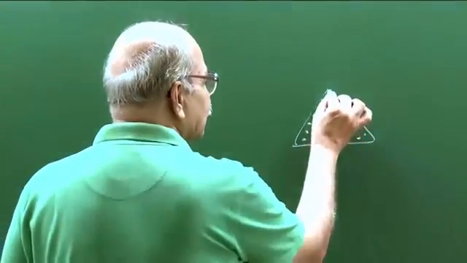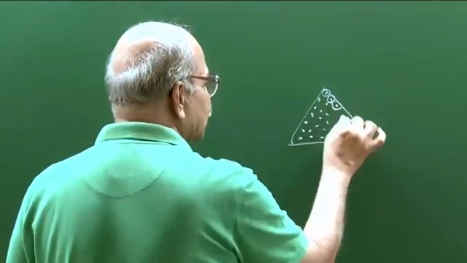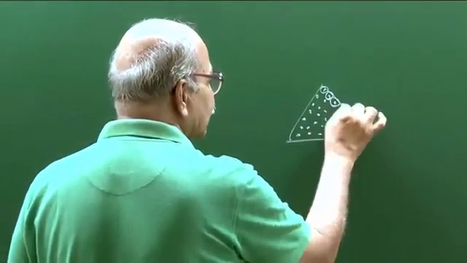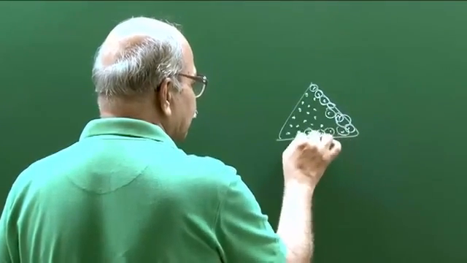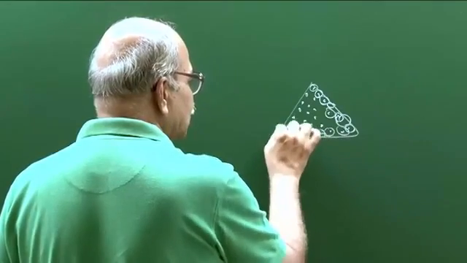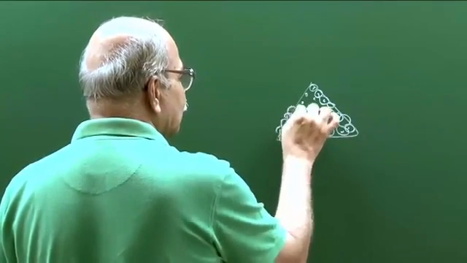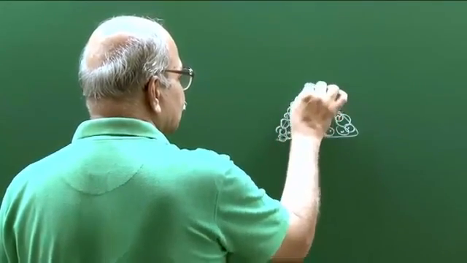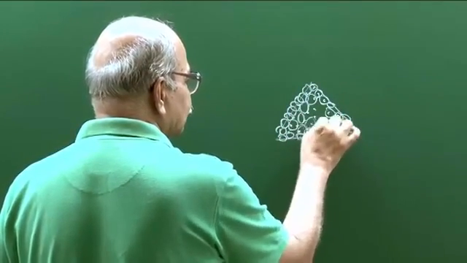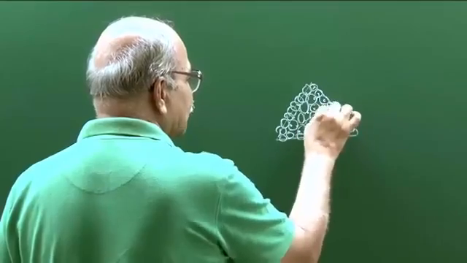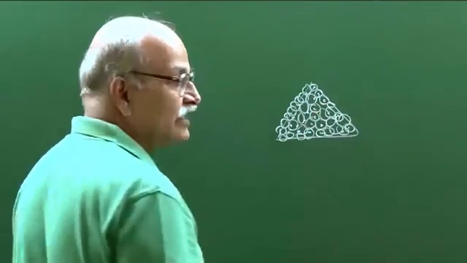So, you have a disc like this, you have a disc like this, you have a disc like this, and so on. From each point you make circular discs, but then that triangular shape is still maintained.